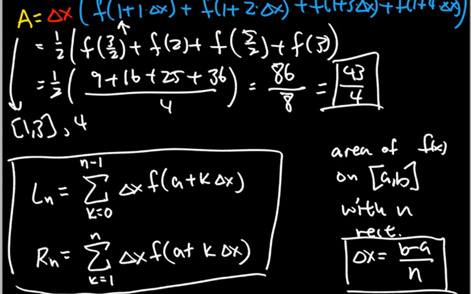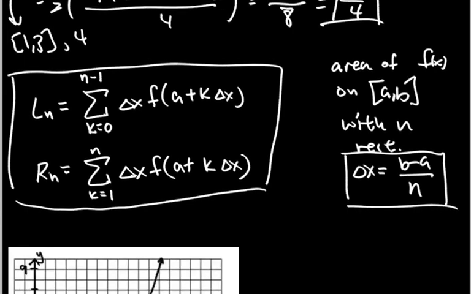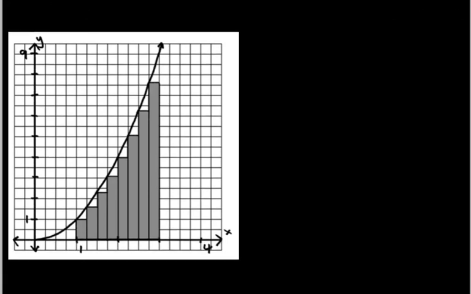So, because I don't want the video to go on way too long, I'm going to do the next example with this just really quickly. So here we have f of x equals x squared. We're going from 1 to 3. 8 rectangles.